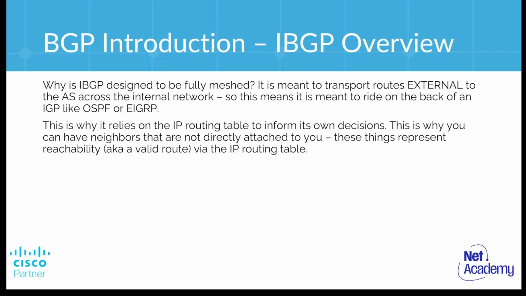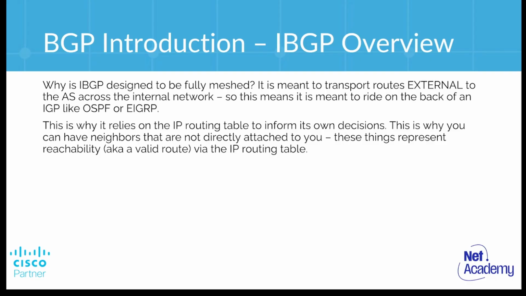The reason it was designed that way is think about what it's meant to do. It's meant to transport routes external to the autonomous system across an internal network, right? So I have my BGP network that's self-contained unto my own autonomous system, right?